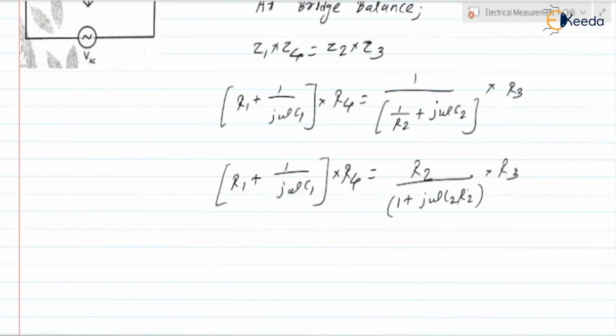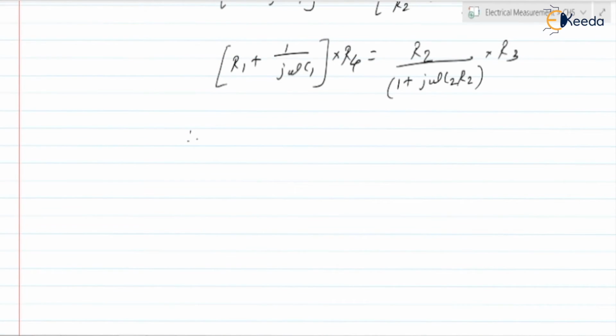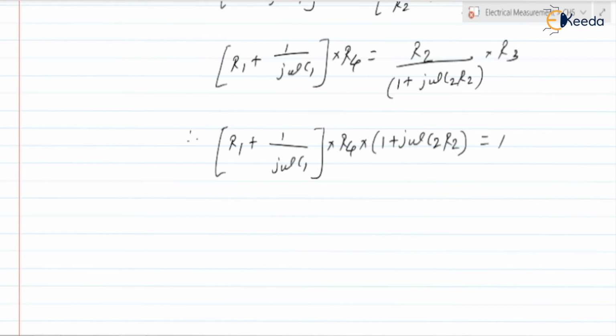Now we shift this term to the left hand side. Therefore, (R1 plus 1 upon j omega C1) into R4 into (1 plus j omega C2 R2) is equal to R2 into R3.